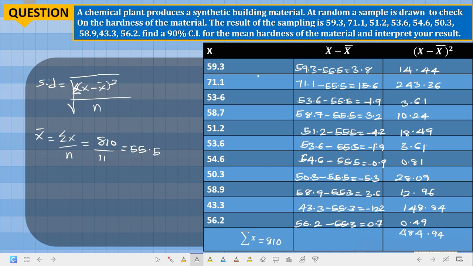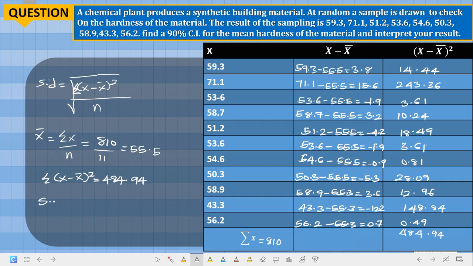So our summation of x minus x bar squared is equal to 484.94.